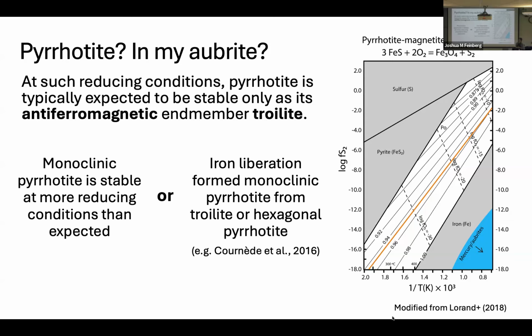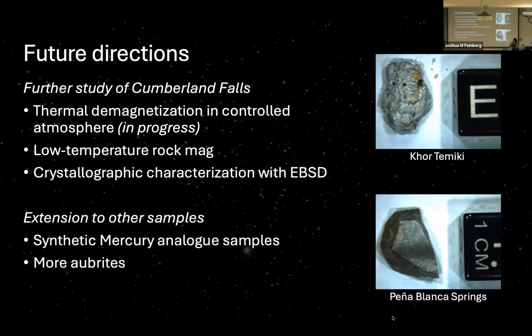There is also the possibility that iron liberation from troilite and some kind of complicated heating perhaps reverted something that was originally troilite to a pyrrhotite composition. It's hard to say. And we have a lot of work in progress right now. This is still ongoing work. And if you want to hear more about this, I actually have a poster immediately after this.